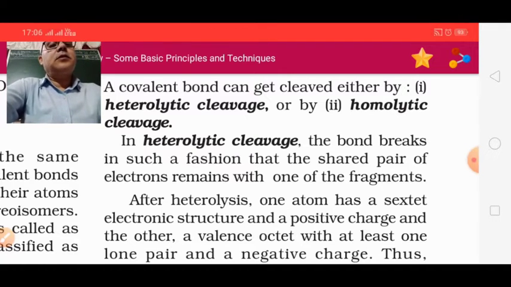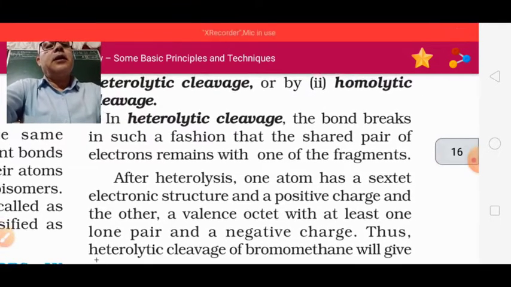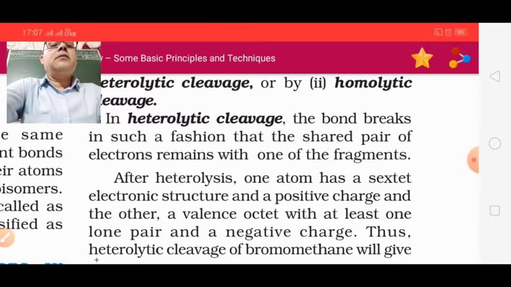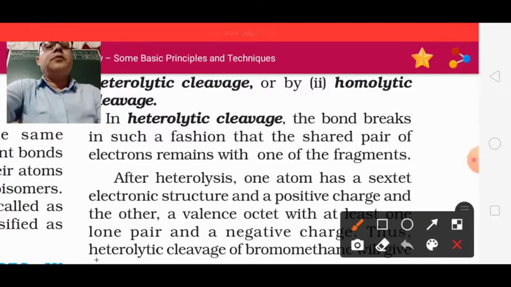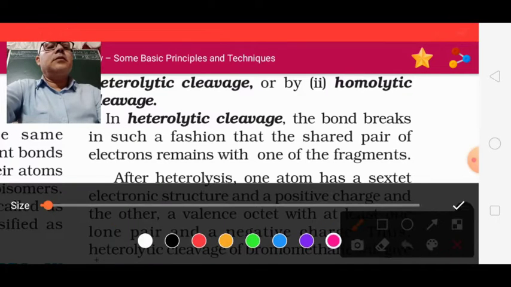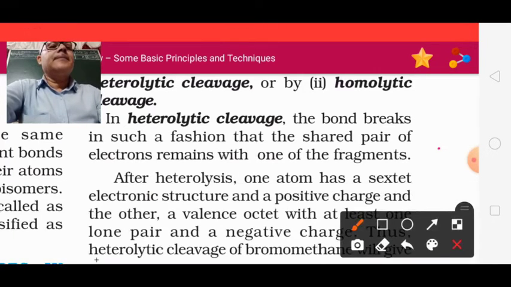As the name suggests, heterolytic means there will be some different cleavage, such that the shared electrons will go to one side. Suppose this is X and this is Y, with a shared electron pair.